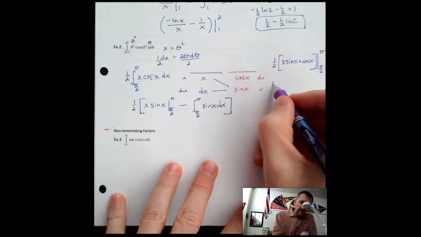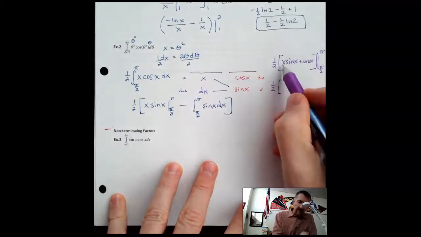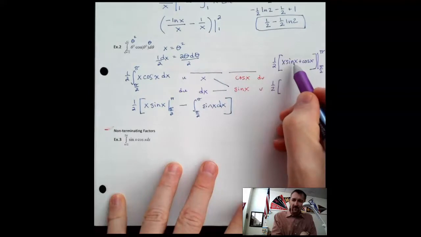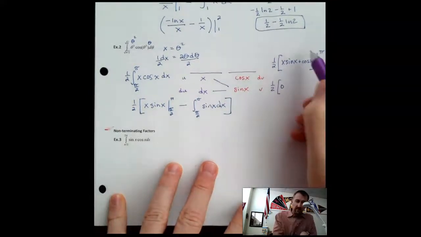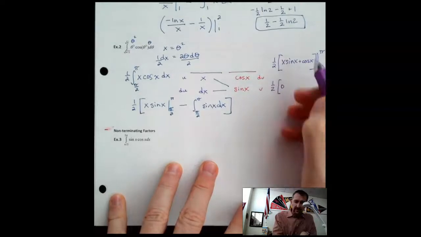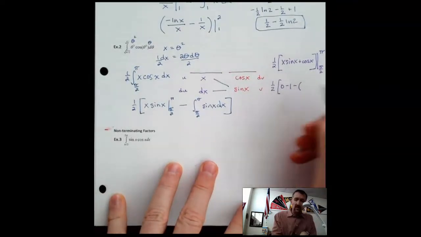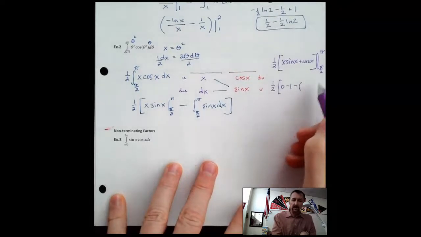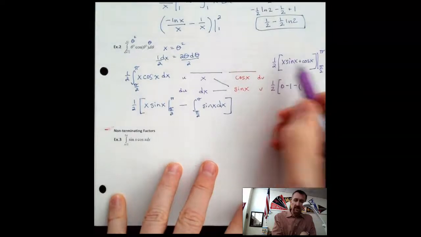So if we plug those values in, we're going to have 1/2. And if we plug pi in here, we're going to have pi times the sine of pi. The sine of pi is 0, so that's going to be 0. And then we have the cosine of pi, that's -1. So we're going to have that. Now we want to be careful here to use parentheses because we're subtracting, in case we have to distribute. So pi over 2, sine of pi over 2 is 1 times pi over 2.